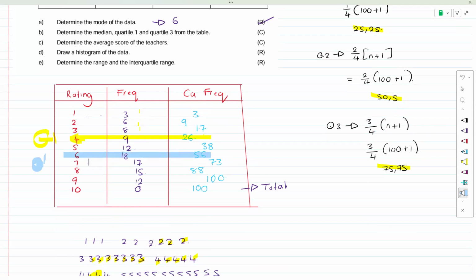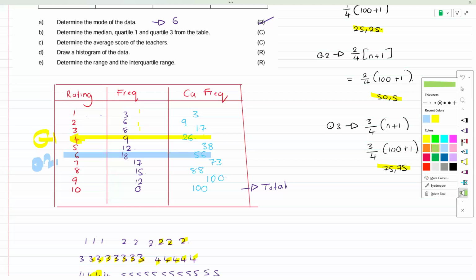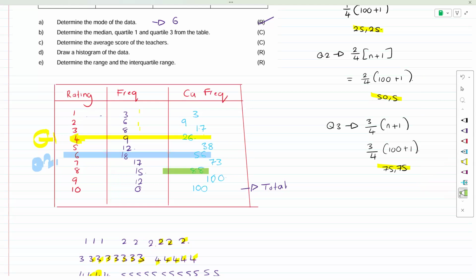So this is quartile 2. I'll show you how to deal with it after we're done. And 75 can't fit anywhere besides there. That's quartile 3. So our quartile 1 is 4. Quartile 2 is 6. Quartile 3 is 8.